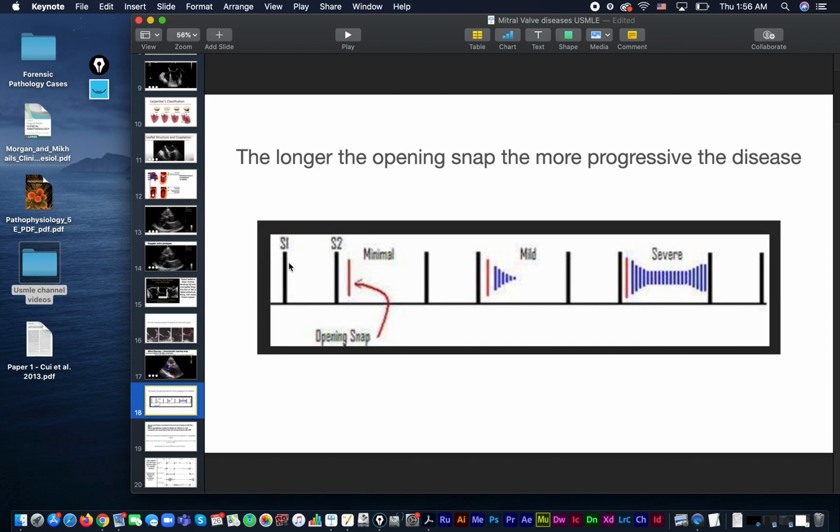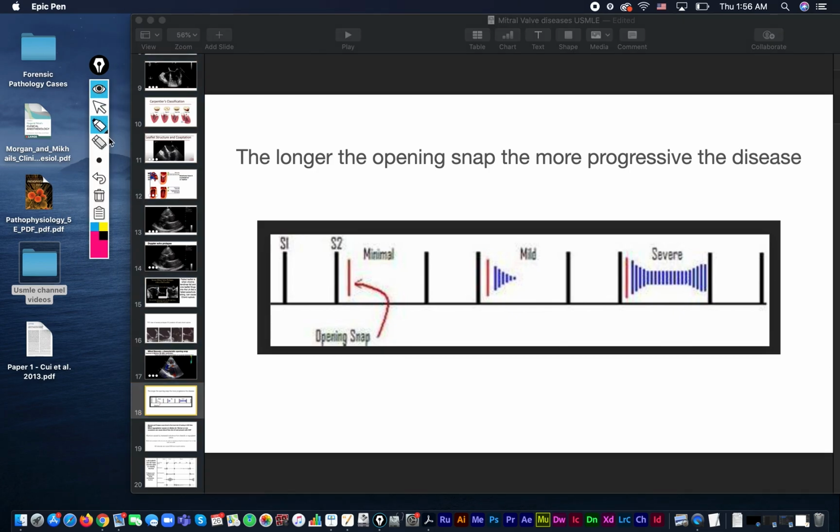And the best way to explain why it's heard in diastole is lub-dub. So lub is the closure of the atrioventricular valves, and the dub is the closure of the semilunar valves. So why did we ever call it an opening snap if the sound is created by them? It should be a closing snap.